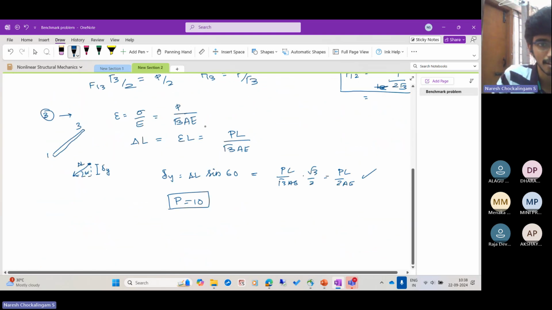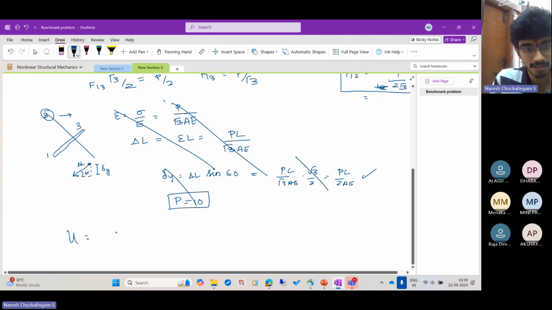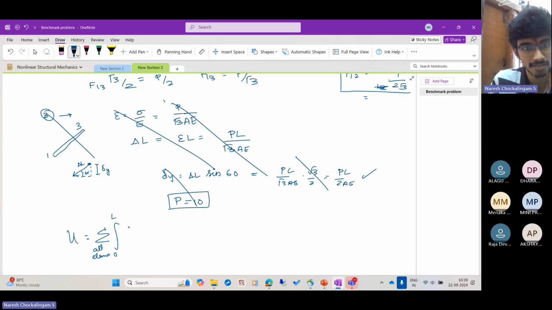Rather than doing this, let me tell you something. We'll use Castigliano's theorem. That's way easier. So get the strain energy. It is the summation over all elements of P square L by 2 AE, just as we did for the beam.